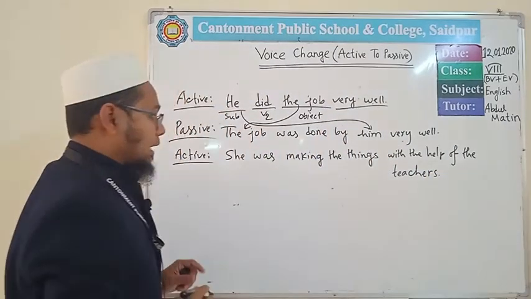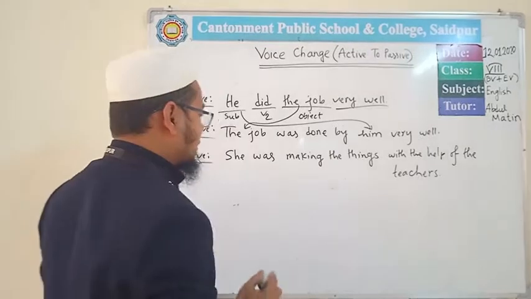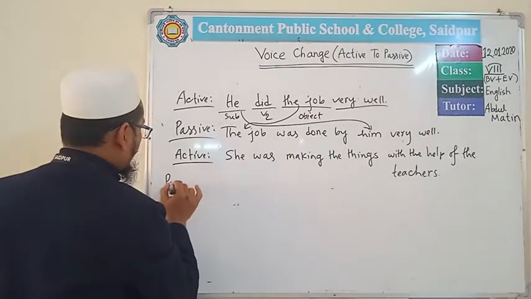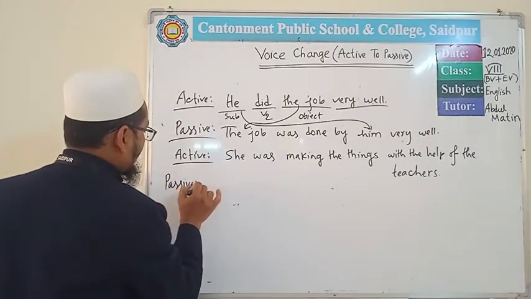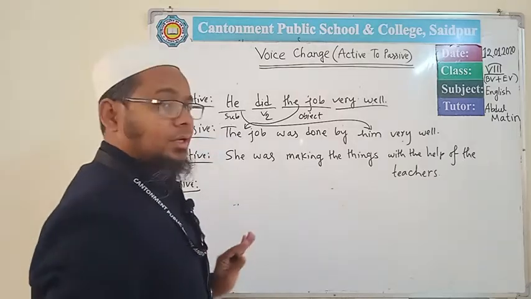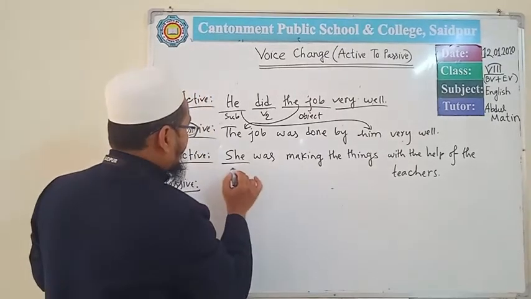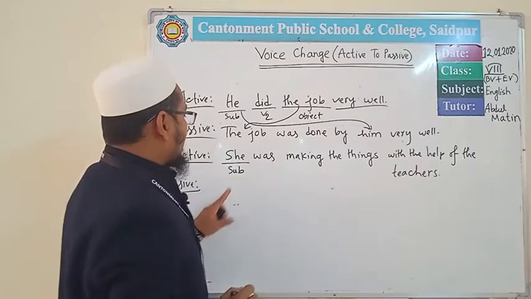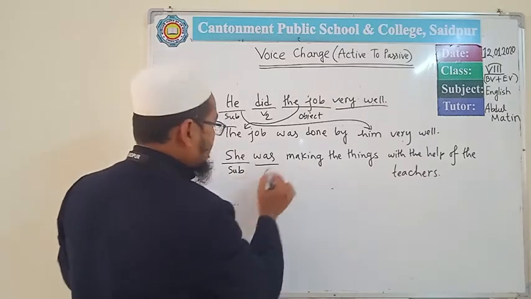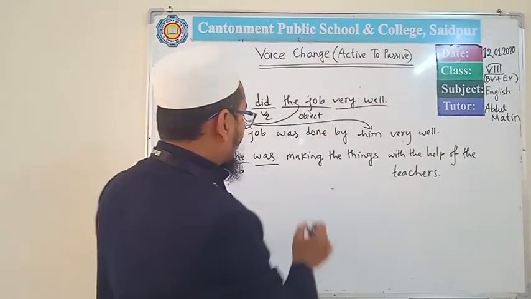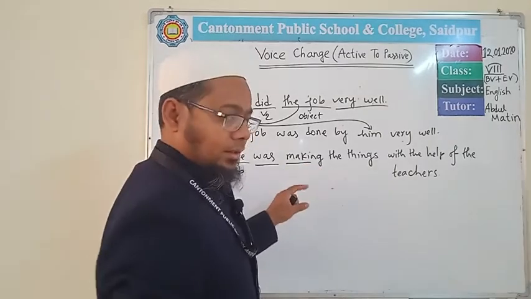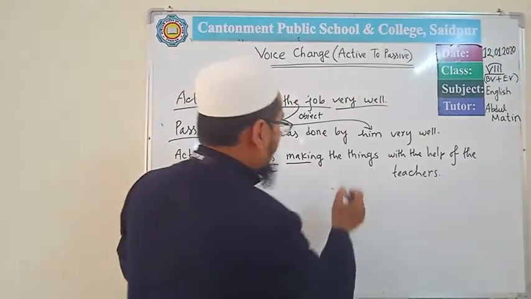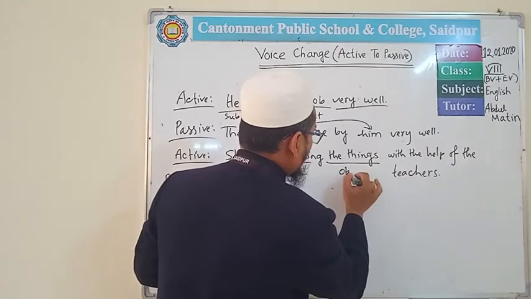This is the sentence. I have given a long sentence here, no problem. So first I have to identify what is the subject here. Here the subject is she. Was is the auxiliary verb. Making is the main verb. The things is object.